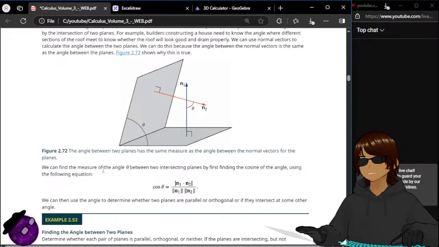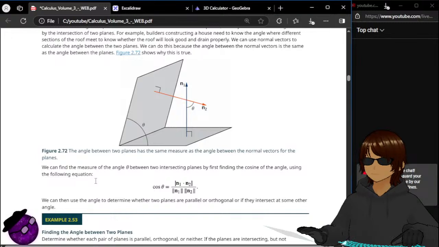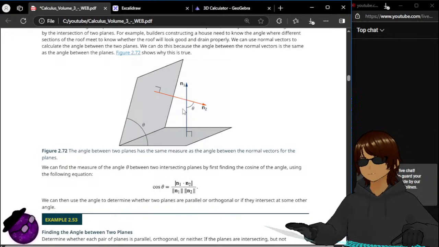We may find the measure of the angle theta between two intersecting planes by first finding the cosine of the angle using the following equation. So cos theta is the dot product of these two over the magnitudes of these two.